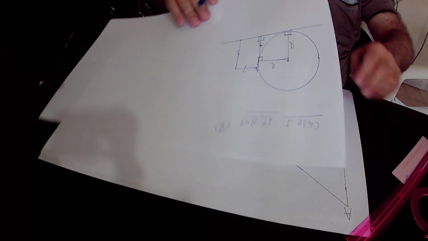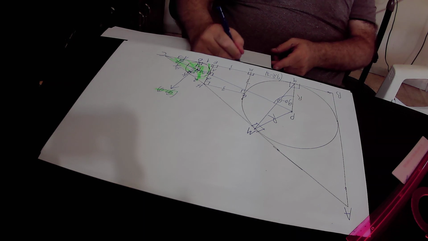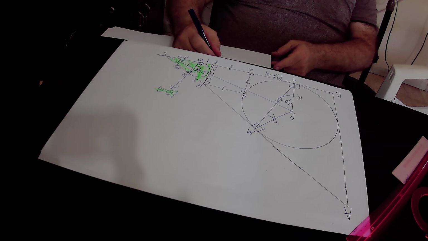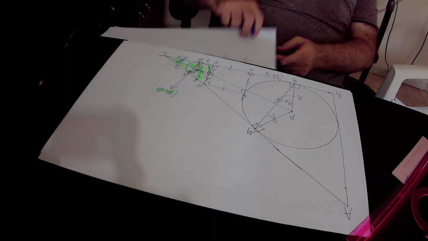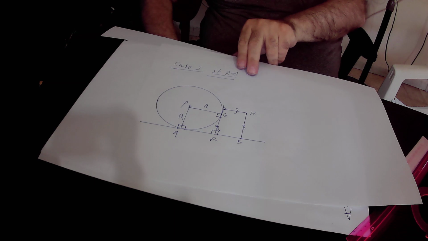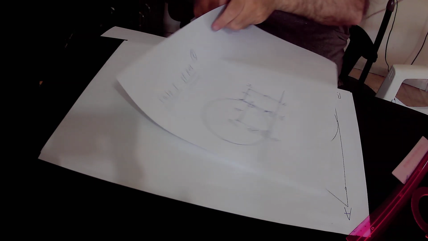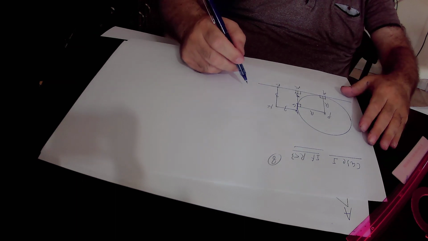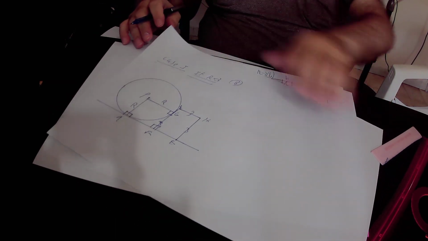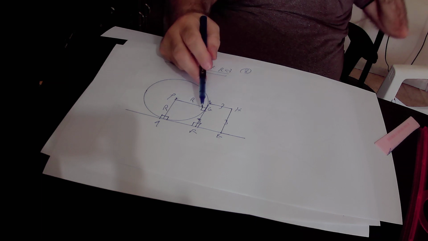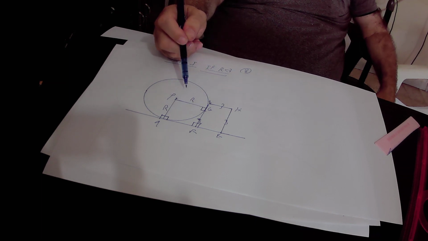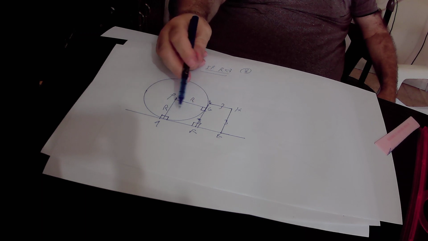So actually here we have P. Inside quadrilateral PGQF we have 1, 2, 3 right angles.